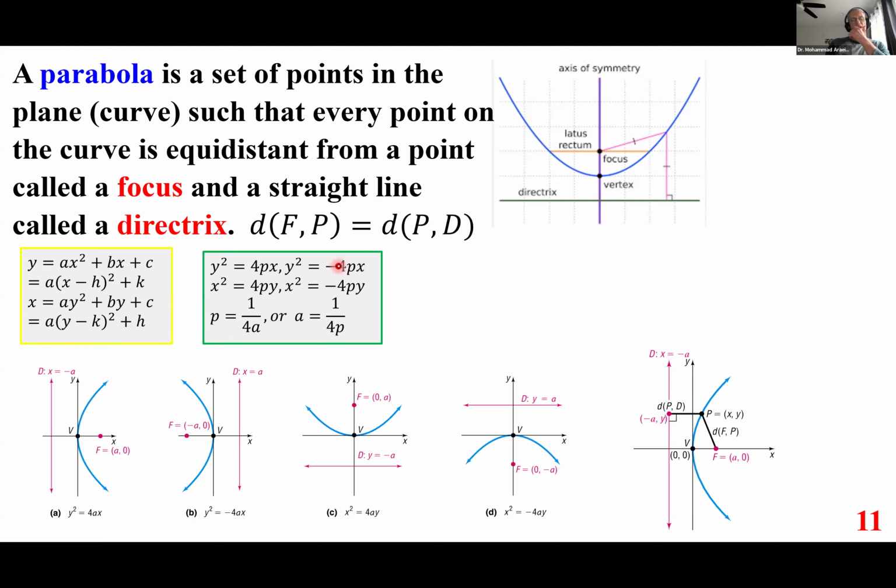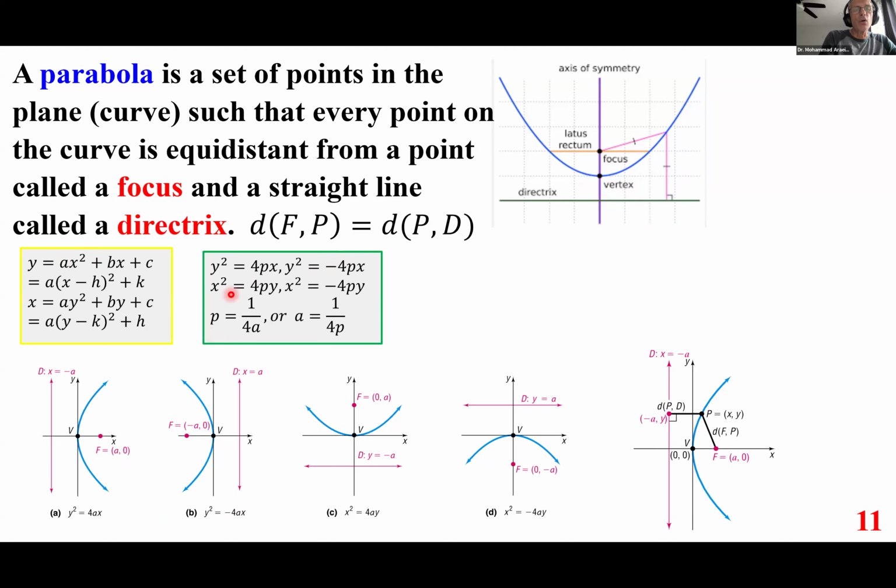Here's the reason. P is the focal distance, this distance that was mentioned. In some books, they call that distance a. The problem is it can be mixed up with this a that we have learned in algebra. Therefore, I'm going to stick with p, but pay attention to the way various texts mention that.